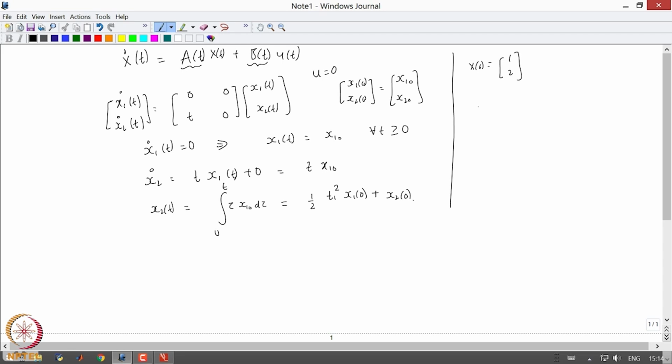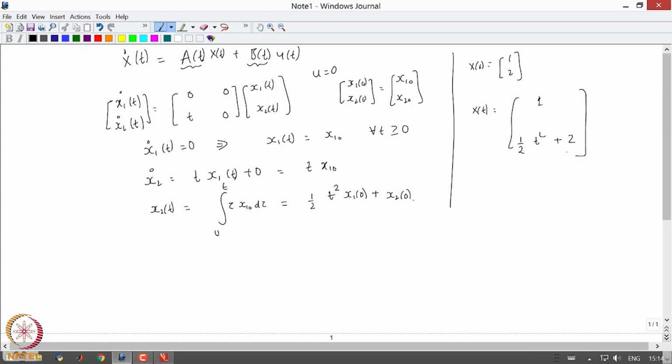The solution x of t would be 1, and then here x2(0) is 2 plus x1(0) is 1, so I will have 1 over 2 t square. It's not a t square, just a t here. So that's in general.